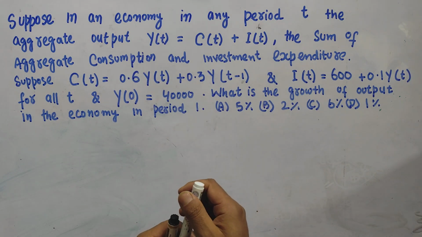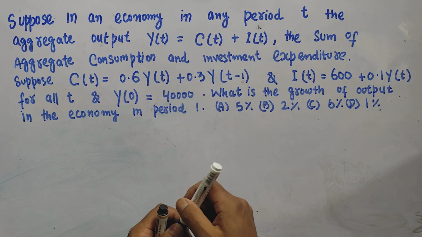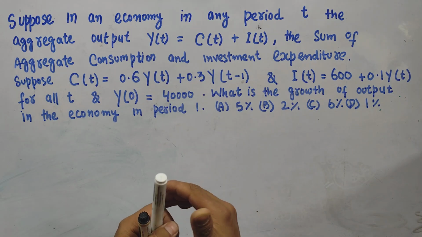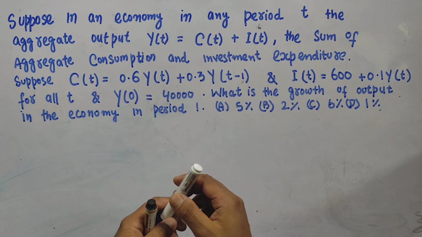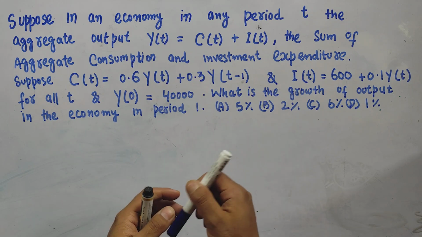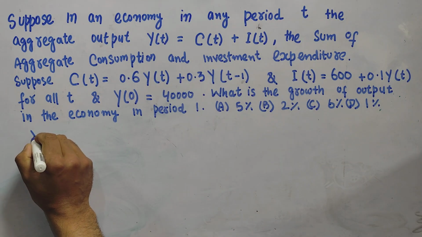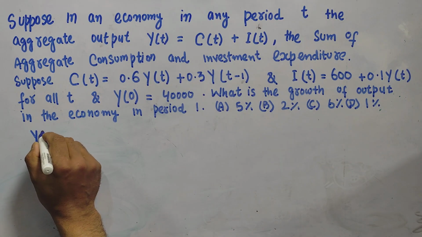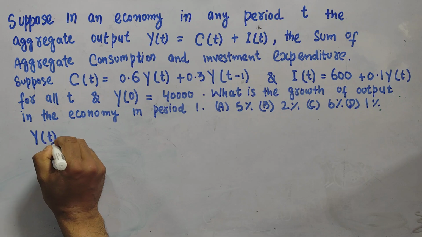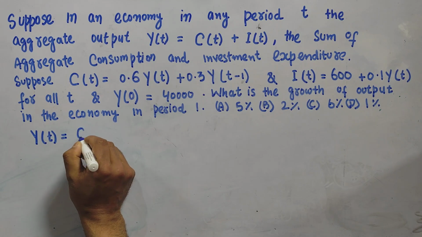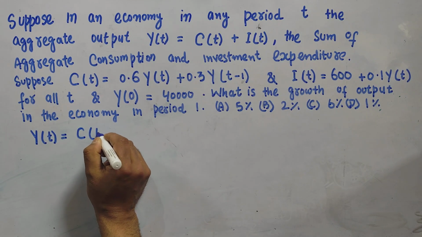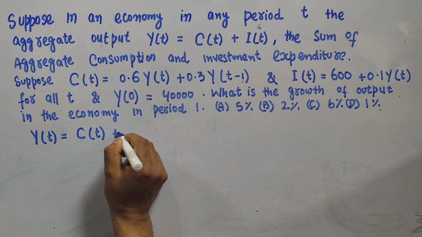Okay, so first thing is, what will we do? We need to set up the equation for aggregate output. That is our yt, output in the time period t, which is equal to ct, consumption expenditure in the time period t, plus it.